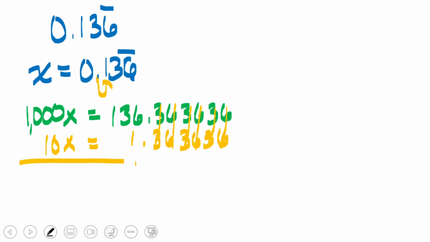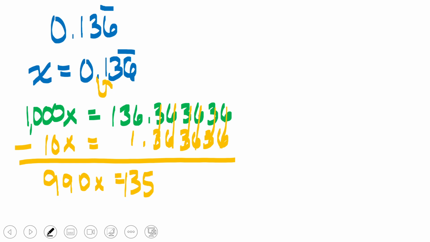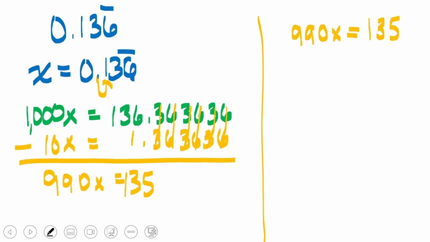And now, in like terms, we have 1000x minus 10x is 990x. And then 136 minus 1 is 135 on the other side. I'm going to do some algebra here, and we're going to divide both sides by 990.